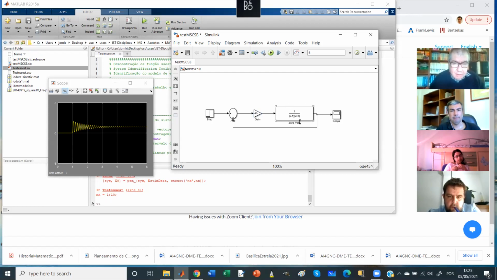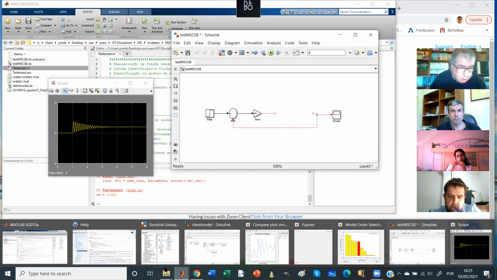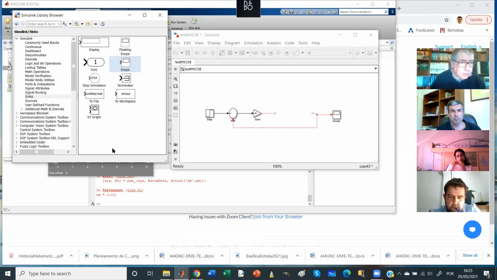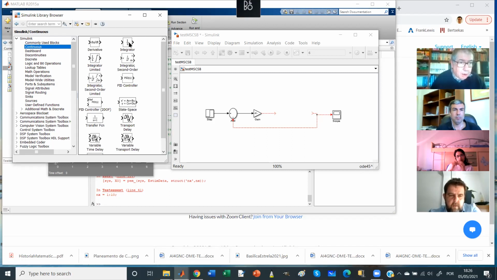Now instead of having this system, I clean it up and I pick up two integrators. Where do I have my integrators? Oh, it's here. The continuous integrator. So I connect.